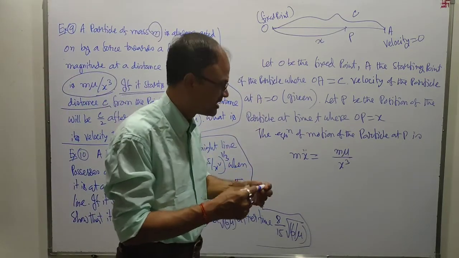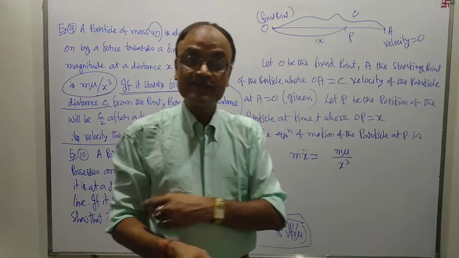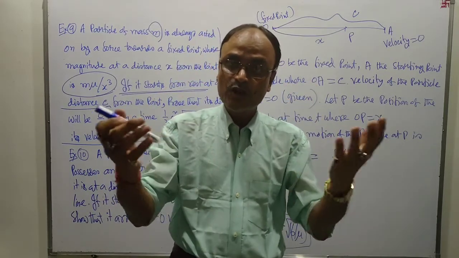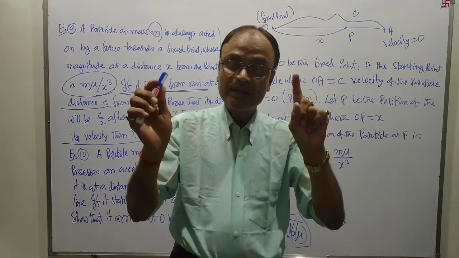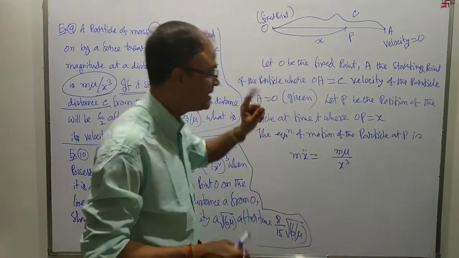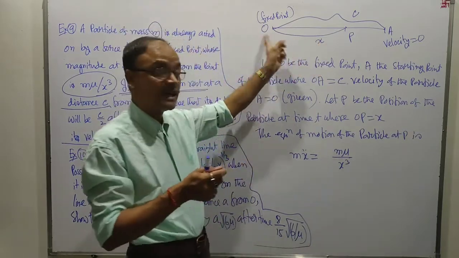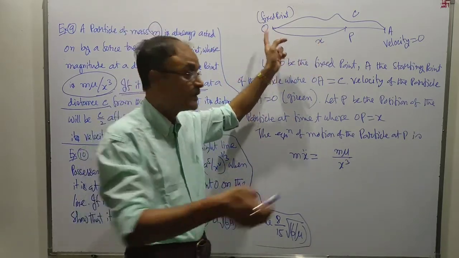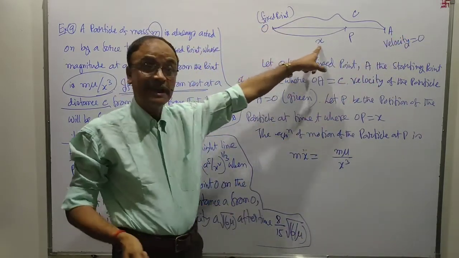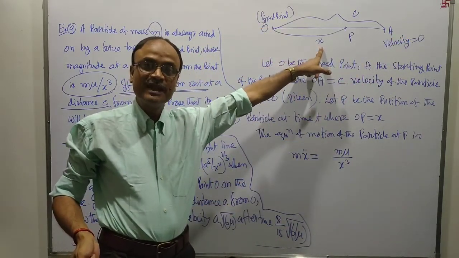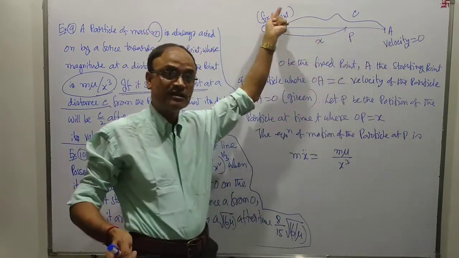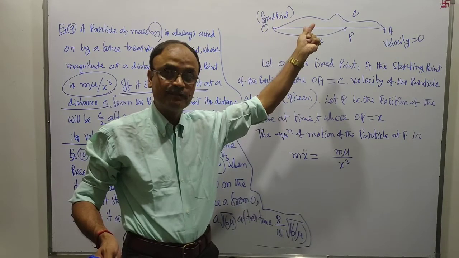What does x double dot represent? X double dot is the mathematical expression for acceleration if the particle is moving in a direction of x increasing. You see here, we measure x from the point O. If a particle is moving in this direction, x will be decreasing.